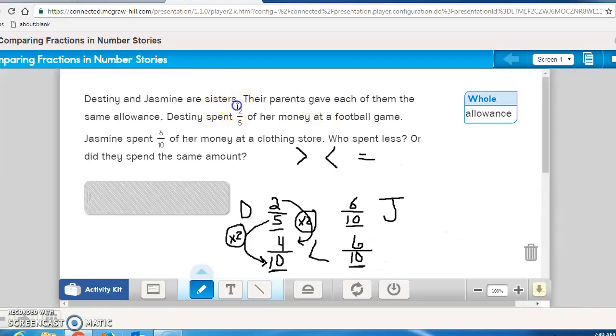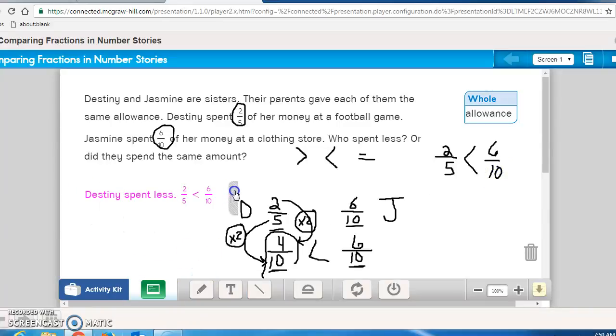Therefore, if I look back at the original numbers they gave me, I would say that 2/5, which was the original number, remember all I did here was convert it and find a common denominator, is less than 6/10. Let's check it and see if we were right. And we were.